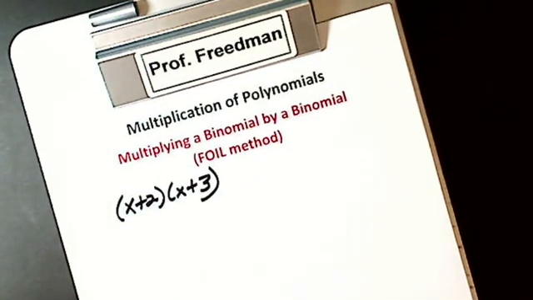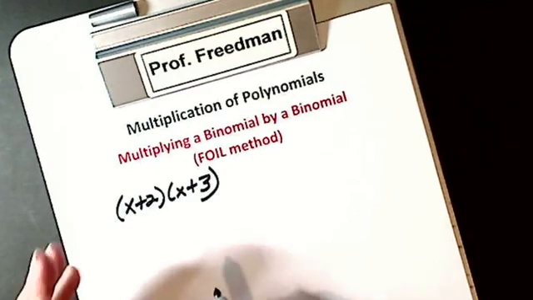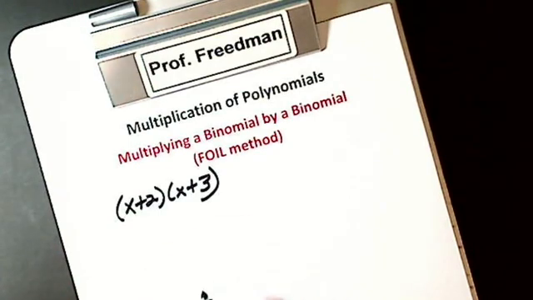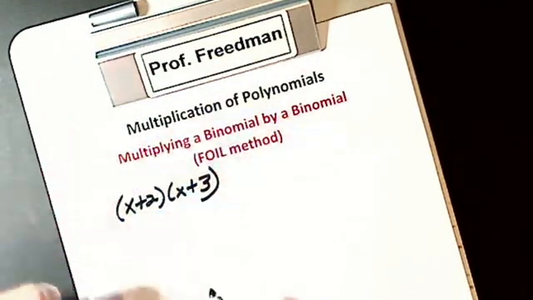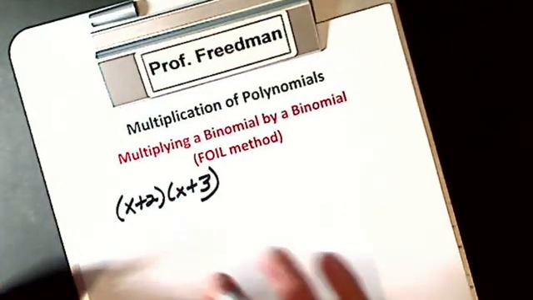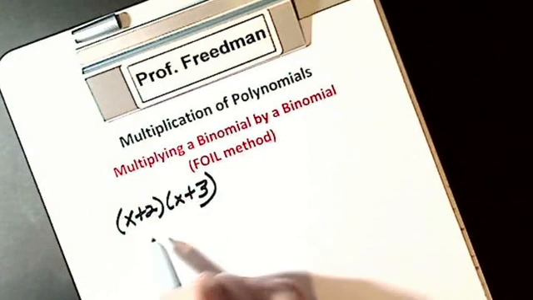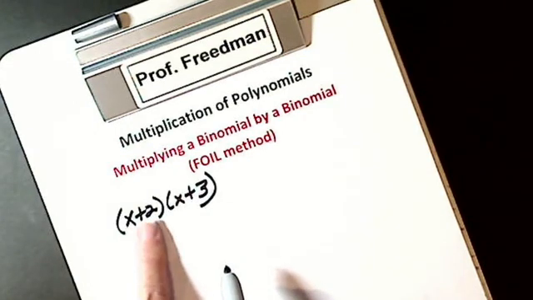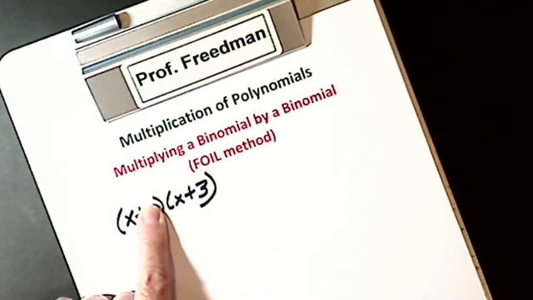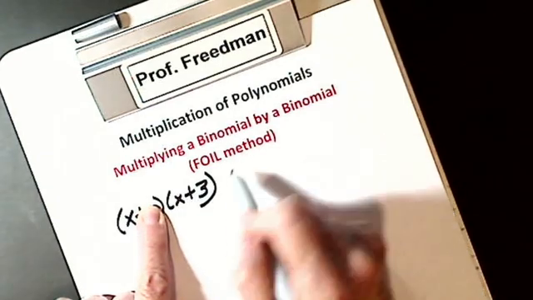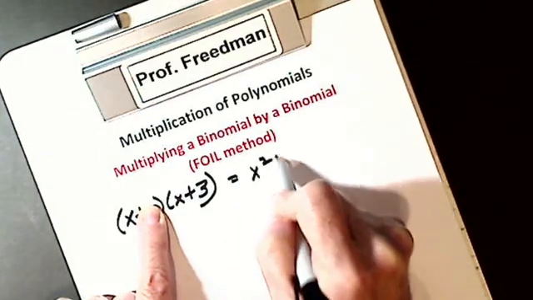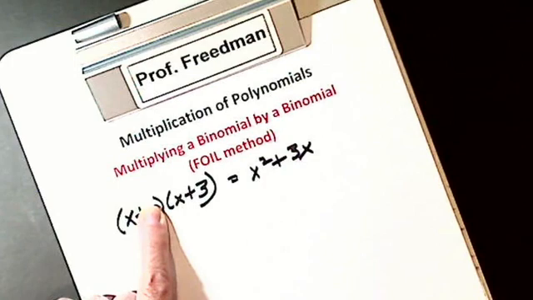Now, what this really is, is just double distributive property. But we have to do it by the FOIL method, because when we go later on to factor, it'll be easy that way. But just to show you what it means: if I did distributive property and I covered up the 2, I would distribute my x, and I would get x squared plus 3x.